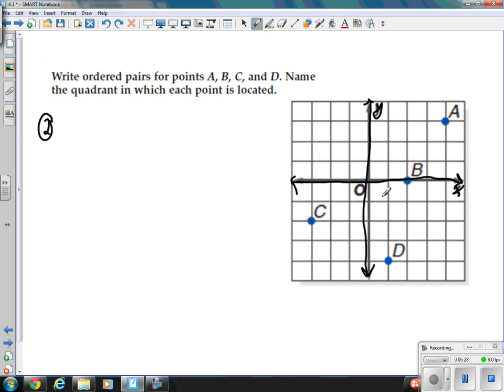And instead of putting the whole grid, if you just want to make tick marks, just go 1, 2, 3, 4, 5 in every direction. That way you can have it sketched out. And then plot the points where they are, and label them A, B, C, D.